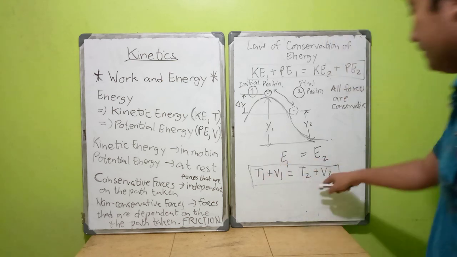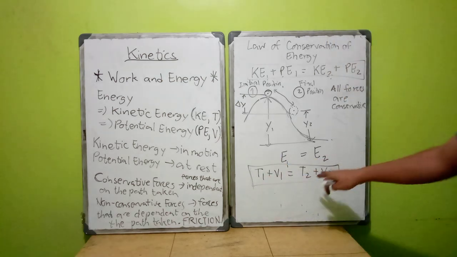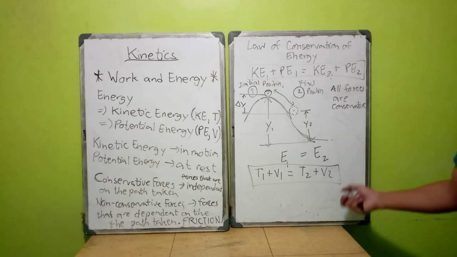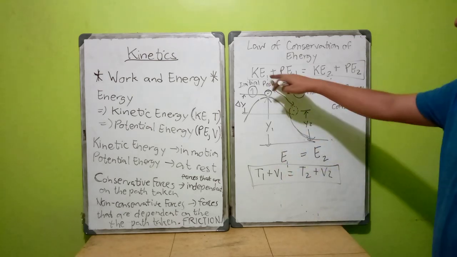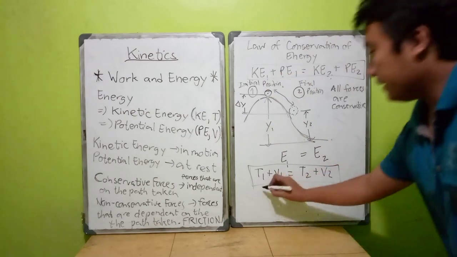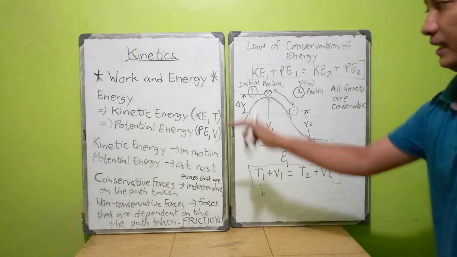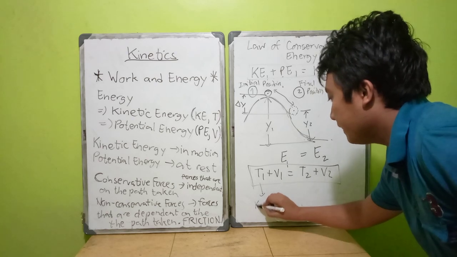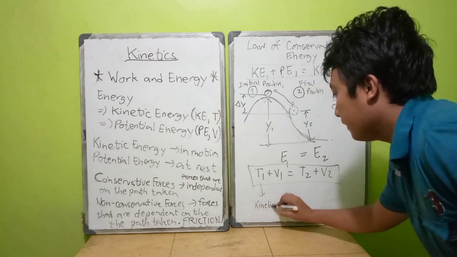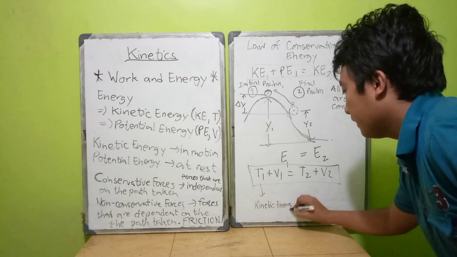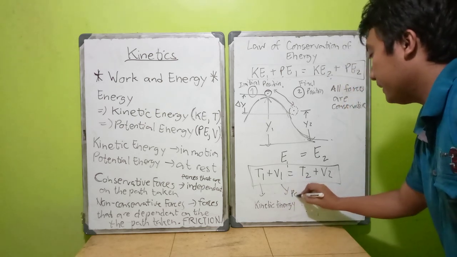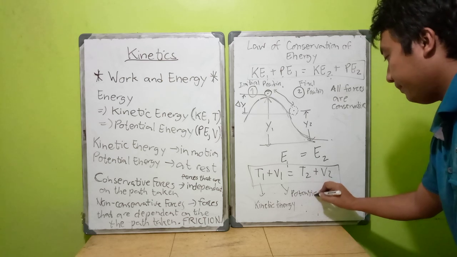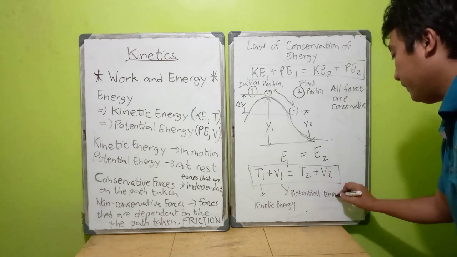So this is the formula. In the book, especially in Hibbeler and other books, they use this, in which T is your kinetic energy and V is the potential energy. So don't be confused.